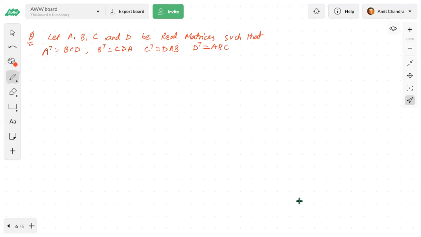Okay, this is given. A transpose is equal to BCD, B transpose is equal to CDA, C transpose is equal to DAB, and D transpose is equal to ABC.